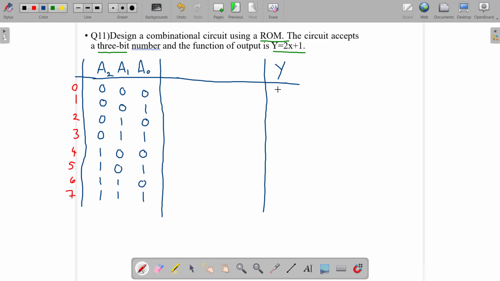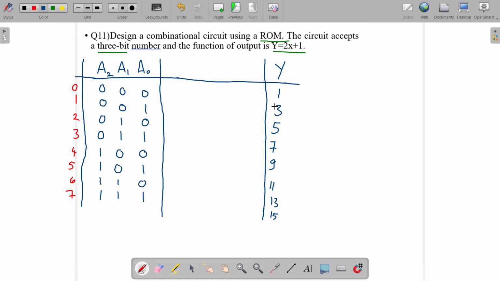Now this is time for producing the output. Using 2x plus 1, we can produce the output. This is 1, 3, 5, 7, 9, 11, 13, and 15.